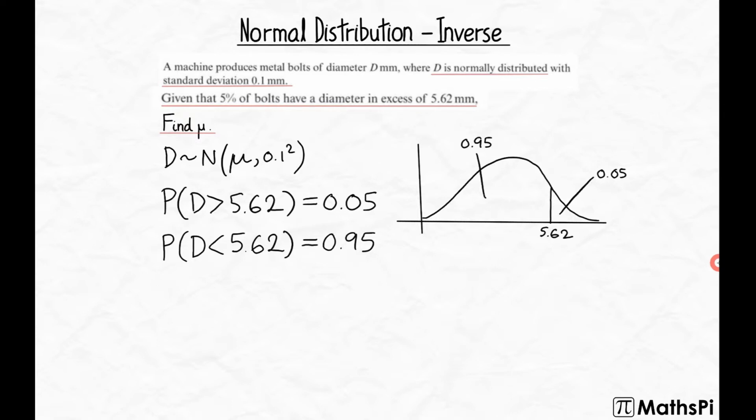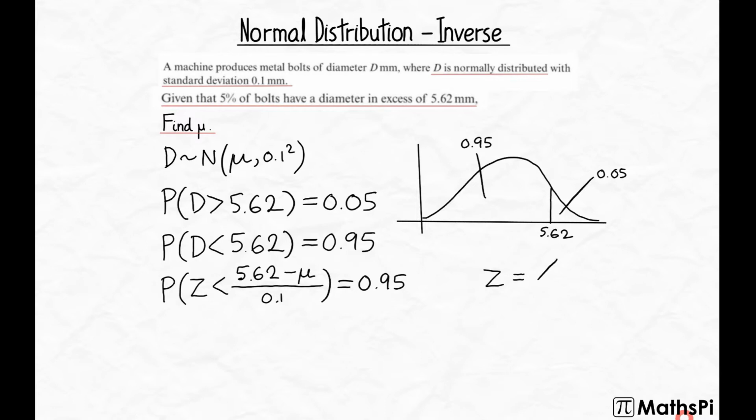So the standardization process goes like this. We change the probability statement, instead of D, we're changing to Z. And here, using the standardization equation, it will become 5.62 minus mu, that's our unknown, so I fill it in as mu, over the standard deviation, which is 0.1. And that will still be equal to 0.95. What we've used here is a standardization formula, which is Z is equal to whatever your variable is, x minus the mean over sigma.